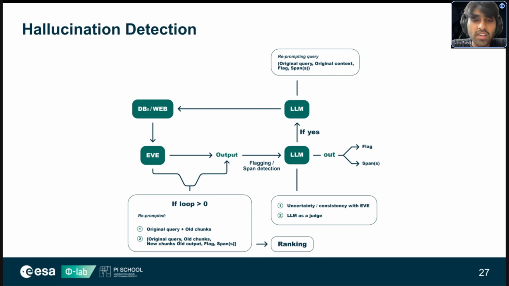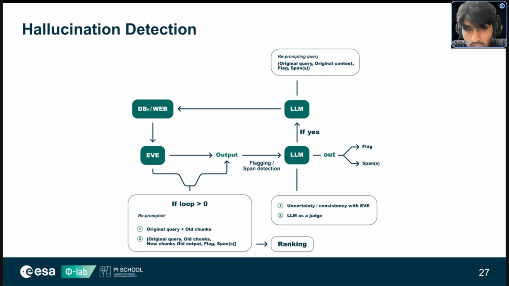The rewritten query is then sent either to the vector database itself, or we also have a feature of querying the web, and we get new chunks, which are passed to the model again to give the final output.